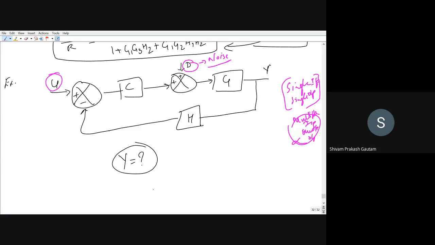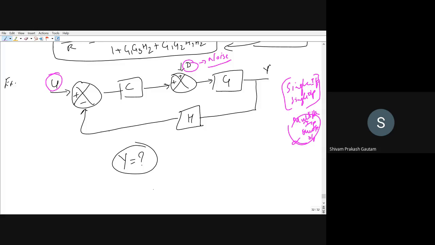A noise can be, for example, the aging of a system. A system will perform better when it is new compared to when it is 10 years old. So you can consider this kind of example, but right now consider that D is not an input but a noise subjected to environmental conditions.